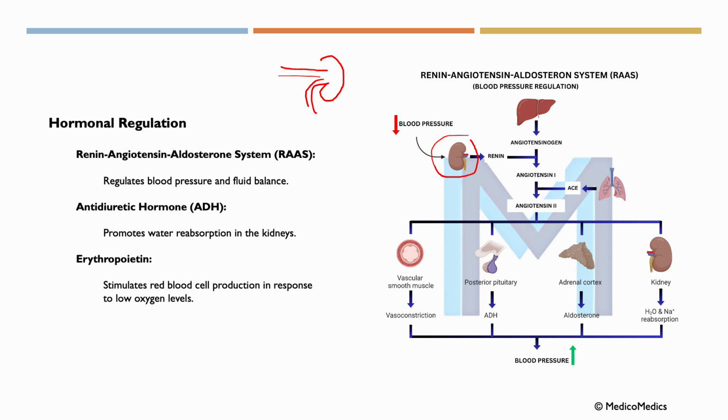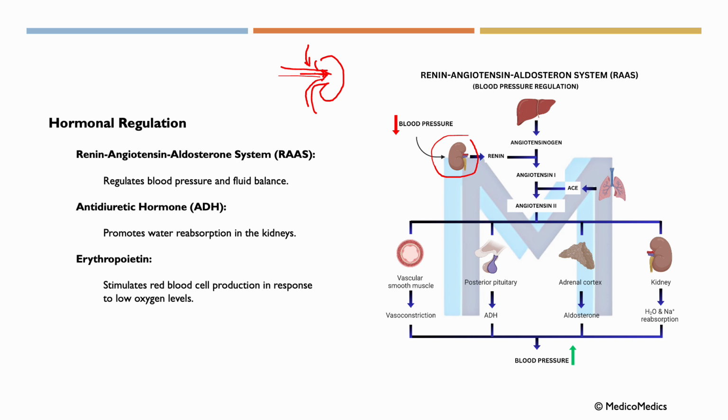Reduced blood flow, or pressure, through the arteries entering the kidneys, which are called afferent arterioles, gets sensed by these juxtaglomerular cells.